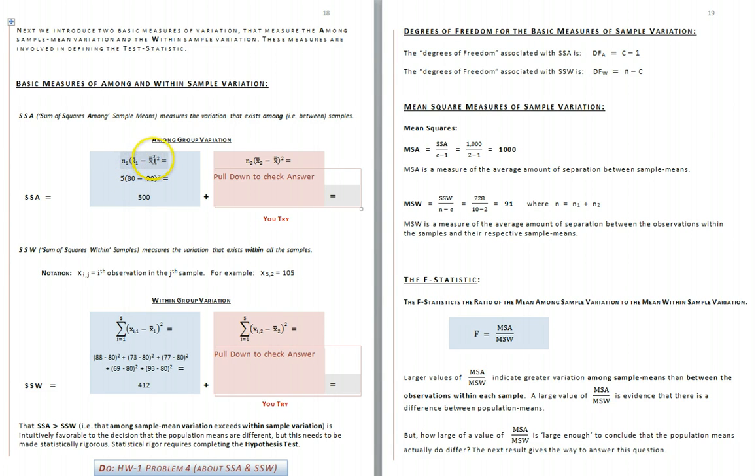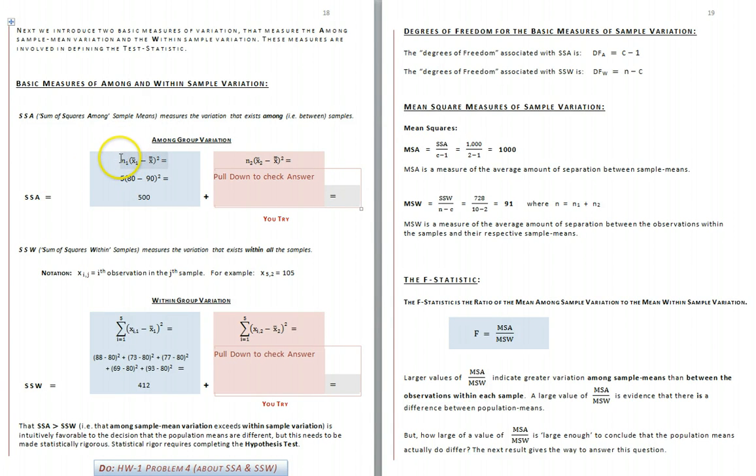So let's go through that calculation for the first sample, and then I'm going to let you go through that calculation by yourself for the second sample. And then to get SSA, you simply add the two totals, and the sum of those two totals will be the SSA quantity, the total amount of variation there is amongst sample means.